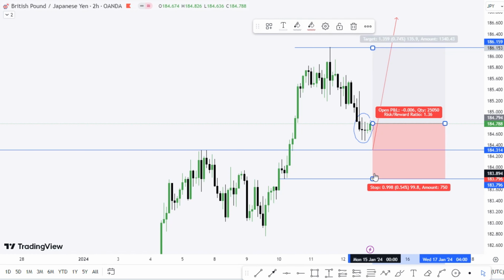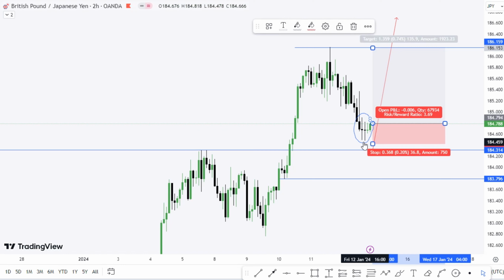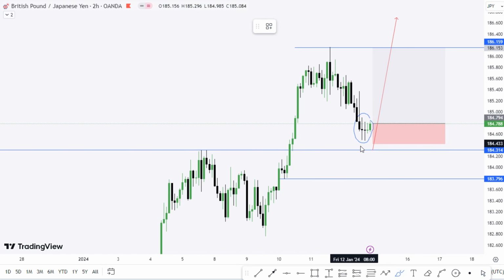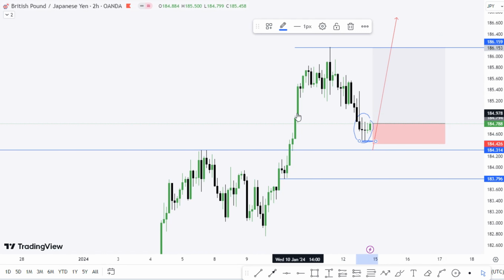But for a pro trader, you have to take your entries as soon as possible and place your stop losses below the doji candle. That is where you should spot your stop losses. So we have almost 132 pips until the first take profit.